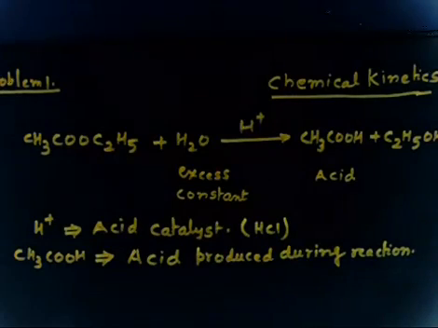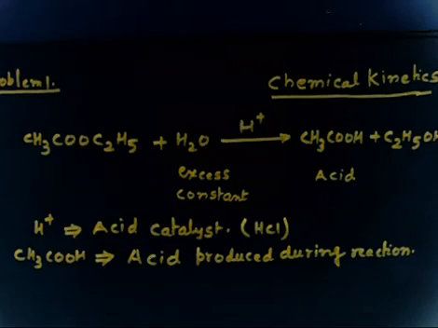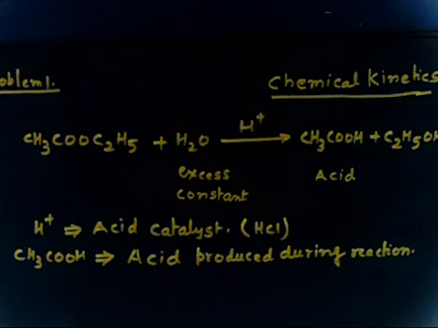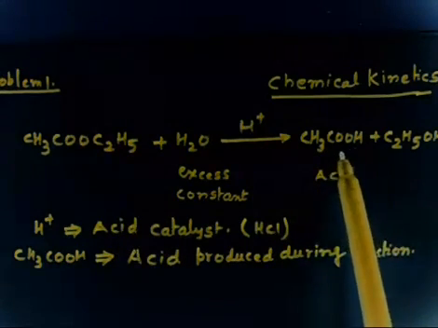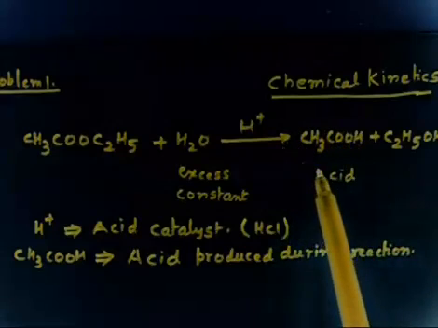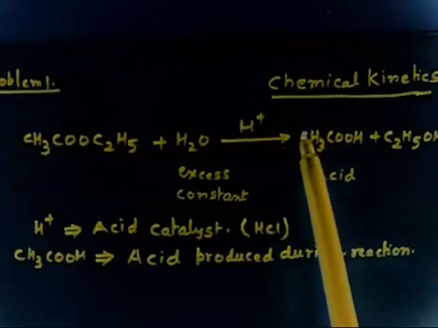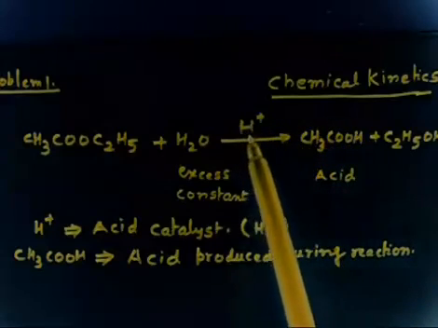Now reaction progress can be measured by calculating the concentration of total acid at any time t. So you see what will happen if this reaction goes this side. If time goes up, the concentration of acetic acid will increase. And the H plus is constant.